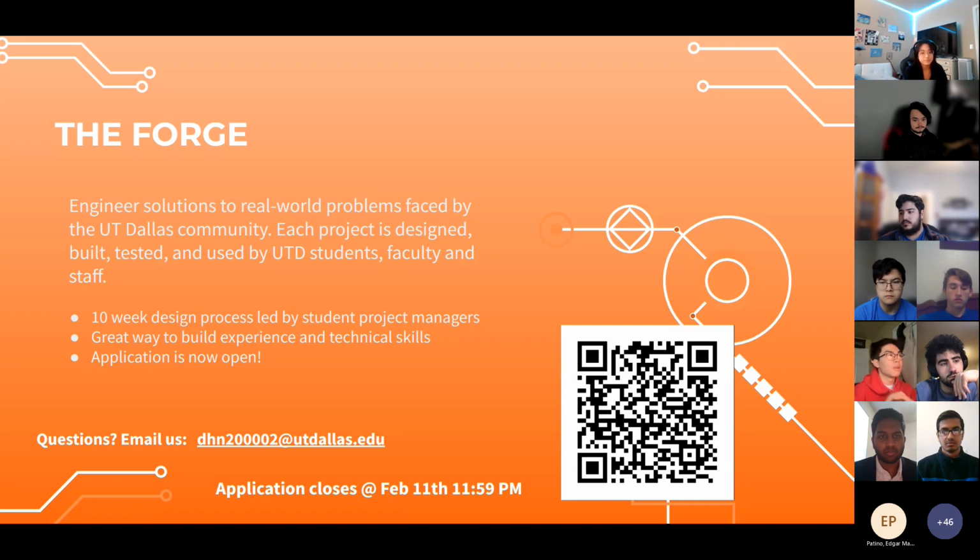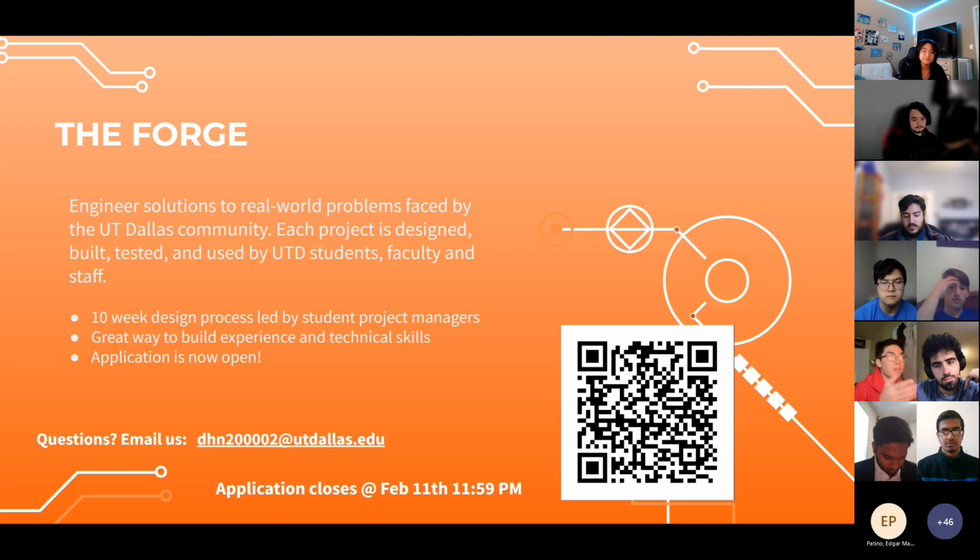It will give them that experience they need for the real world. We're facing real world problems and finding the solution. So whatever project we build will be providing a solution to that real world problem. It's basically a 10-week design process, and there will be 4 project managers taking the lead in each project.